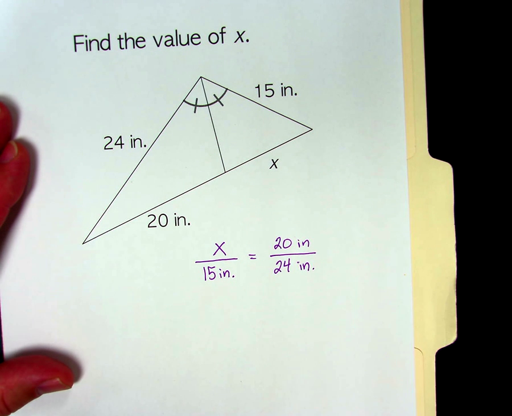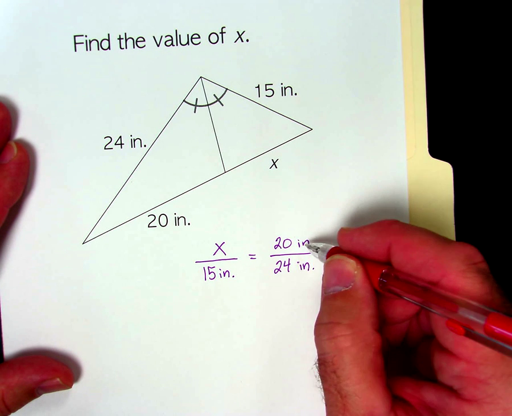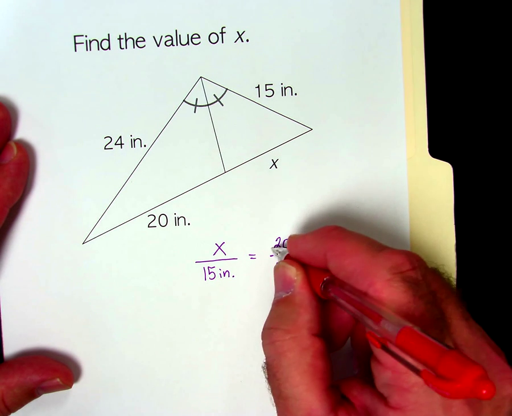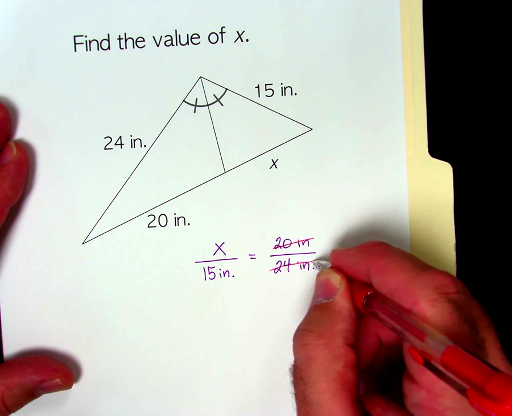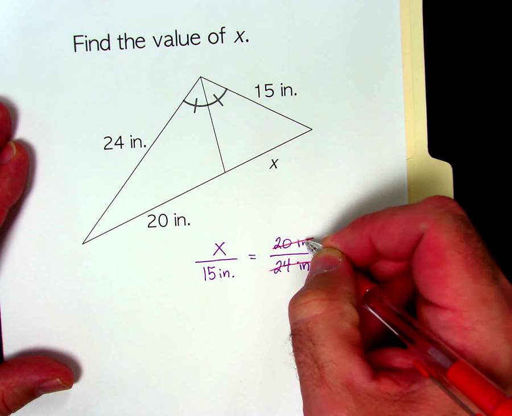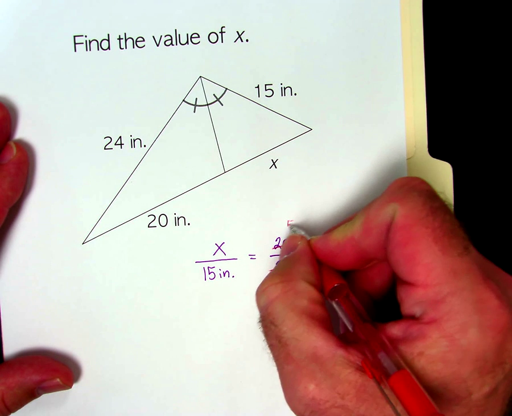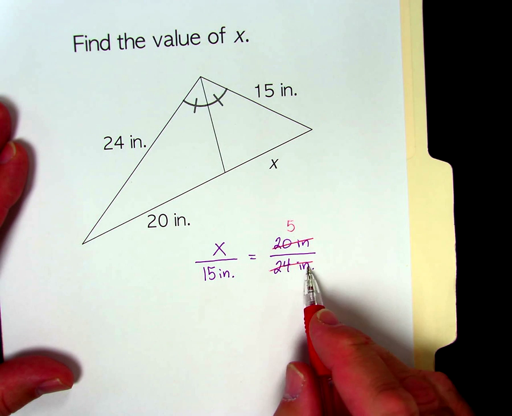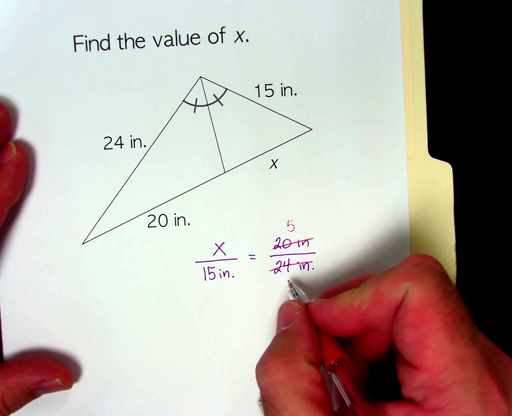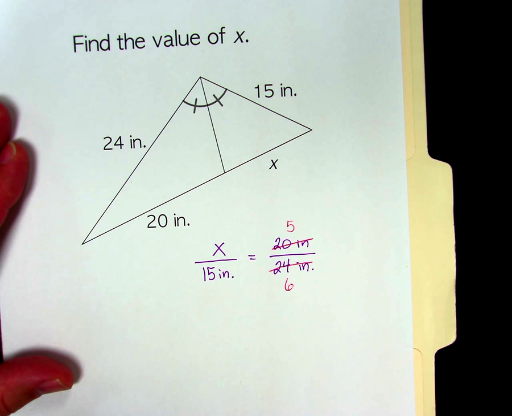Now, can I make my proportion a little bit easier to work with? Yeah. 20 inches and 24 inches are both divisible by 4 inches. So 20 inches divided by 4 inches would be 5. 24 inches divided by 4 inches would be 6.